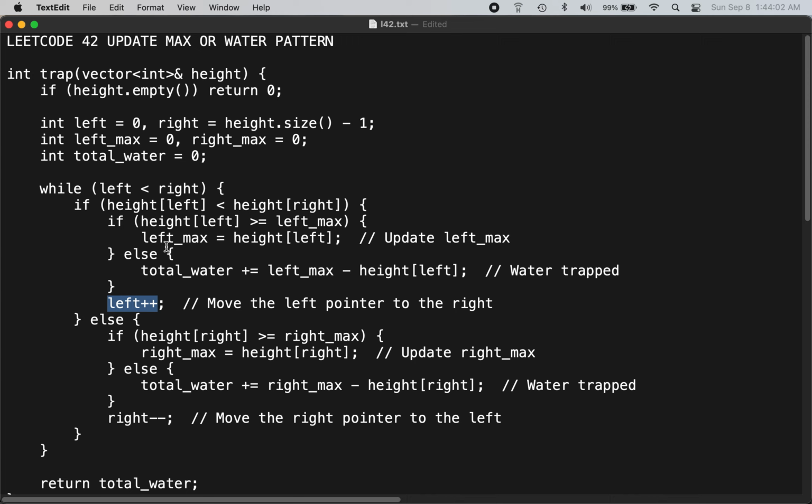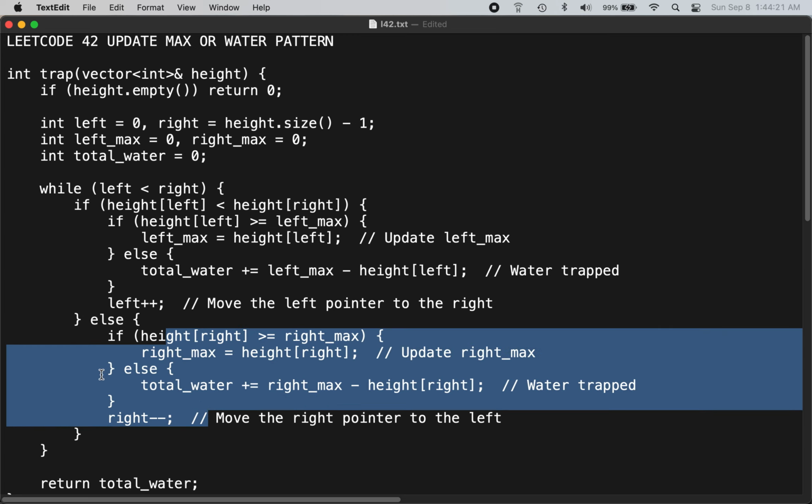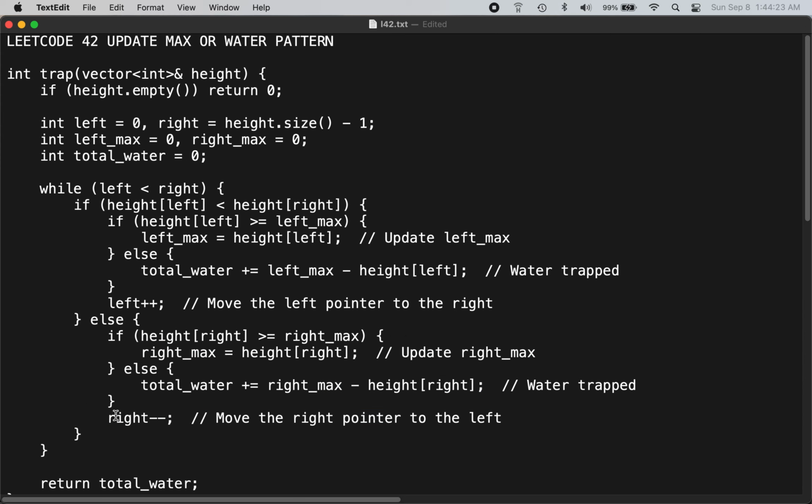If the height increases, the container height is increasing, sort of thing. And if it drops, then you get the opportunity to collect the water. Similar case here as well for right, but for right you decrement.